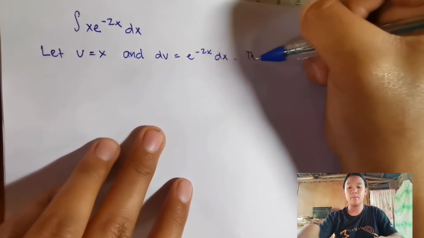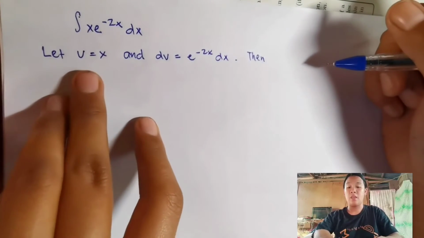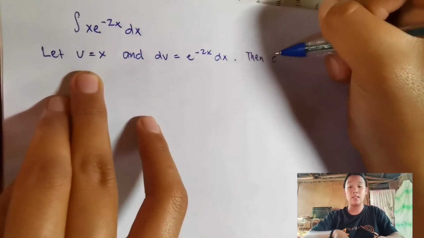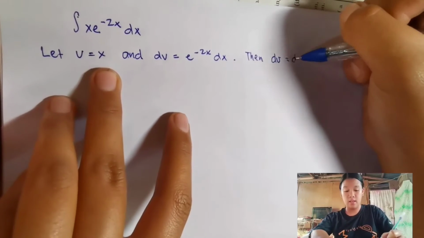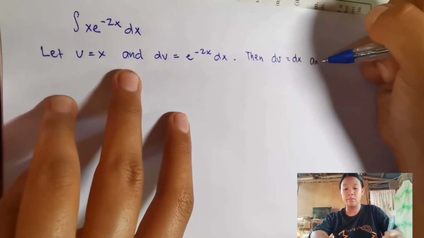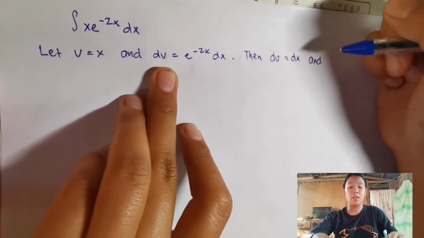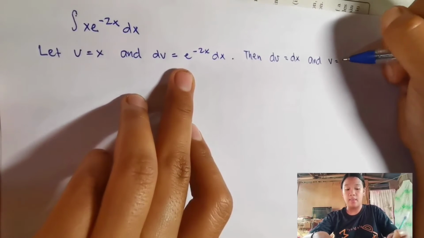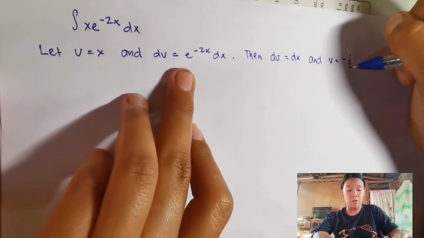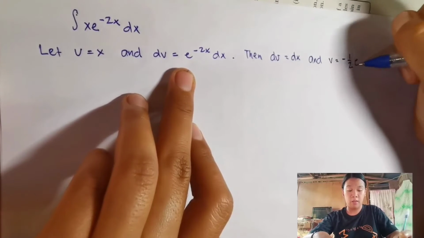Then the derivative of u is du and the derivative of x is dx. And when we integrate dv into v, it becomes negative 1/2 e raised to the power of negative 2x.